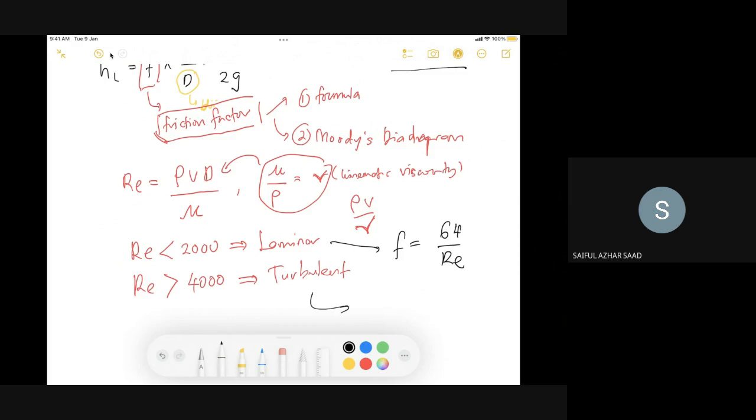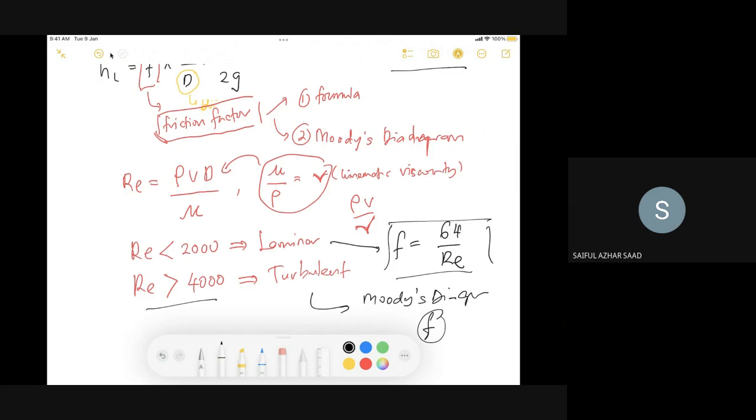But if I get my Reynolds number equal to 10,000, I cannot use this formula anymore, because my Reynolds number is greater than 4000, therefore it is turbulent. Since it's turbulent, I need to use the Moody diagram to get my F.